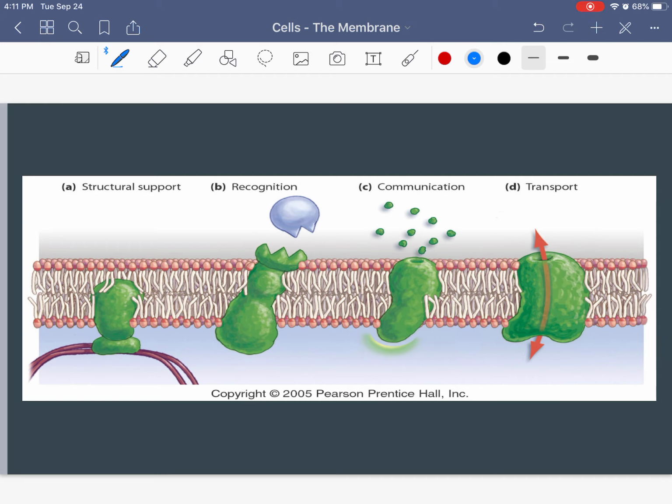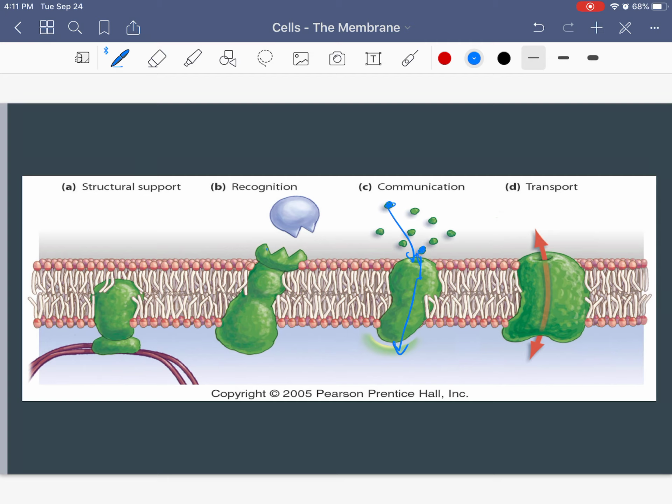Recognition, so materials are coming in and our cells are recognizing those materials. Communication, so maybe I'm sending a neurotransmitter from neuron to neuron, and this neurotransmitter is telling the next neuron that, hey, maybe we need a muscle contraction. And then also transport.